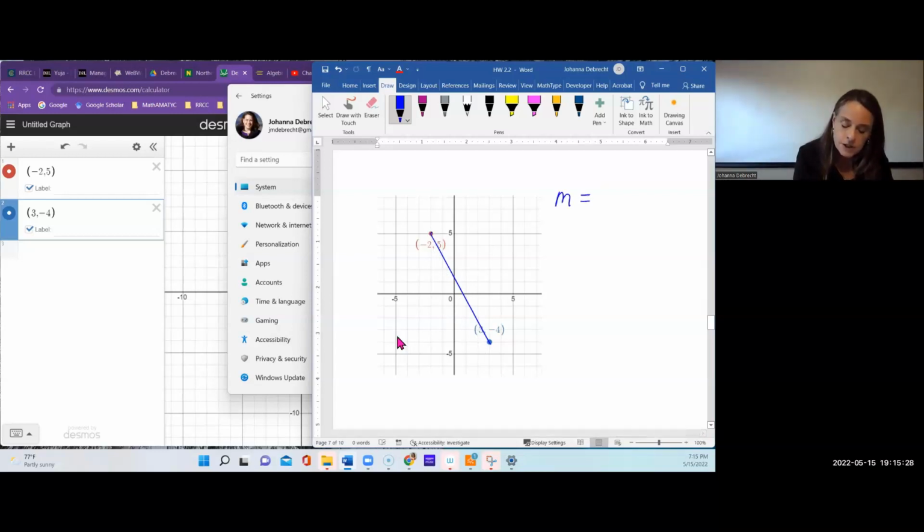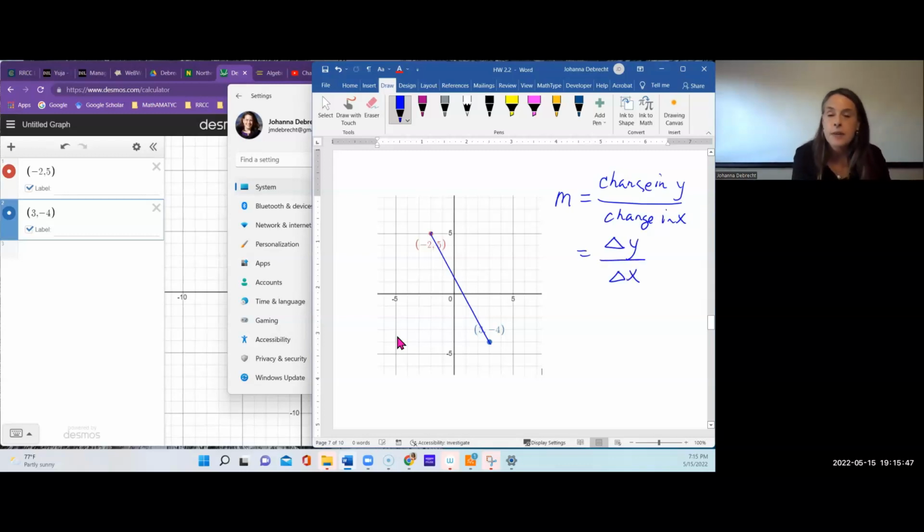The formula for slope depends on the change in the y values over the change in the x values. One way of writing change is to use the Greek letter delta. This is sometimes written as delta y over delta x, meaning the change in y over the change in x.